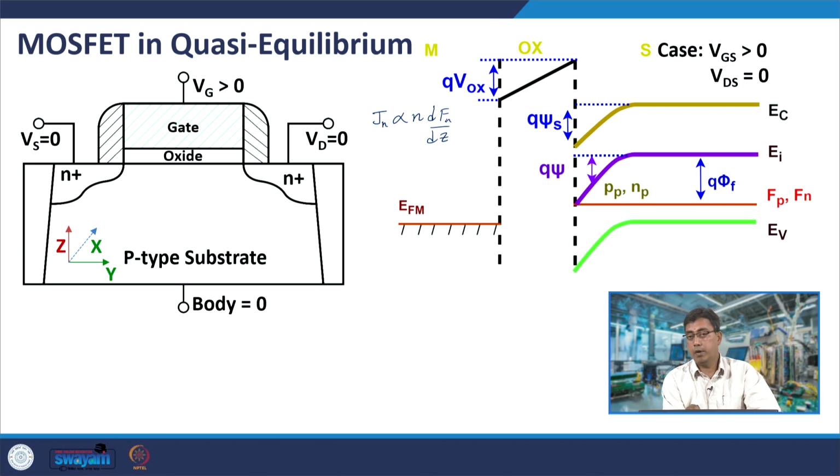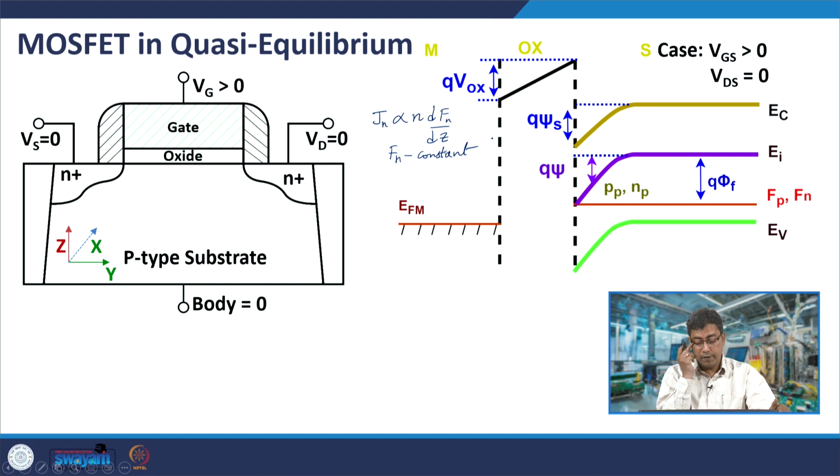Now, this Fn is the quasi Fermi level; we will discuss quasi Fermi levels as we go ahead. Right now, the current density is 0, and the electron concentration is not 0, so Fn is constant and does not change.